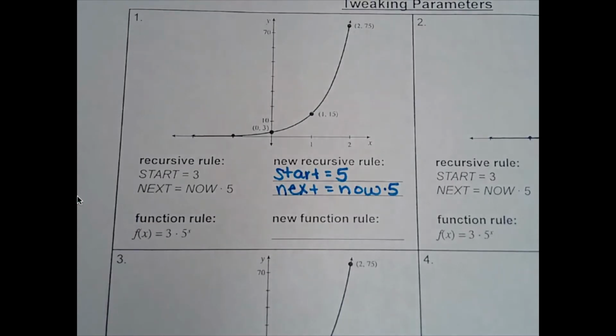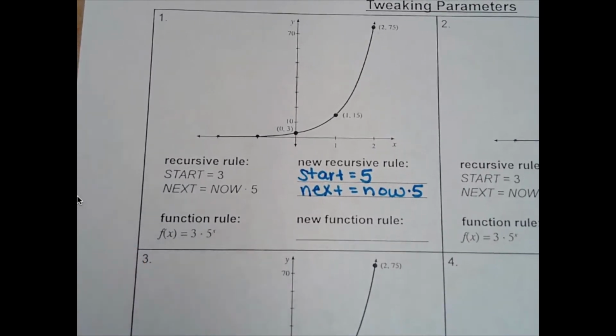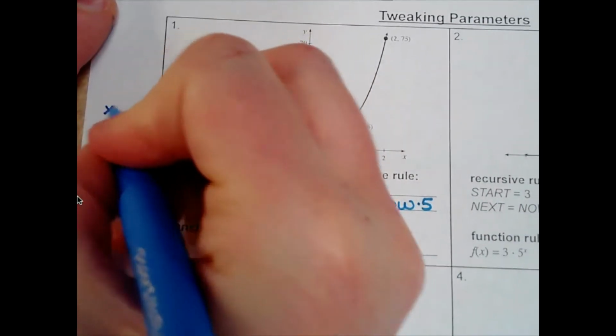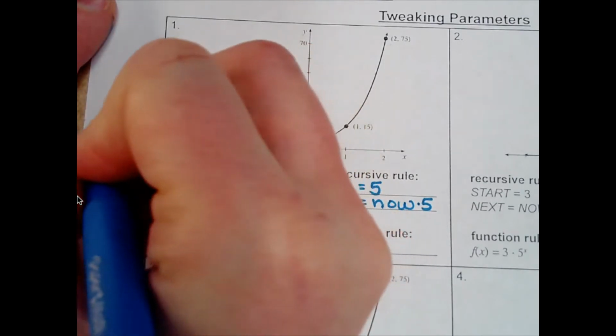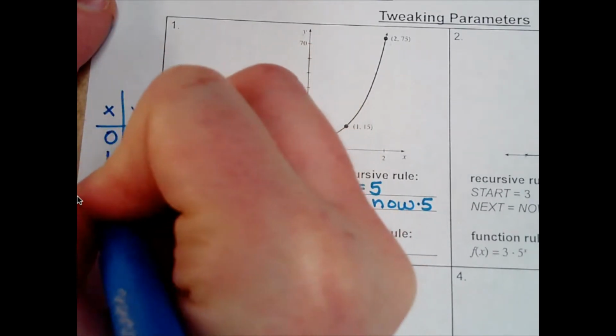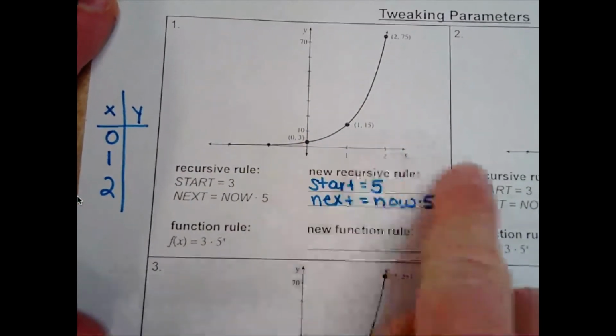So the original, we started at 3, and then next equals now times 5. So all we did was change the start. Let's do a table of values so we can plot some points. So 0, 1, and 2 is all we have here.